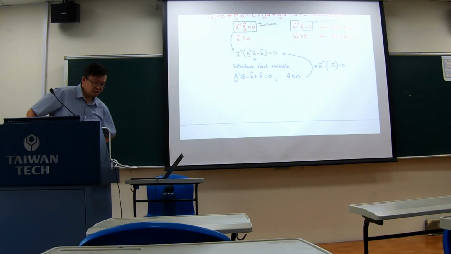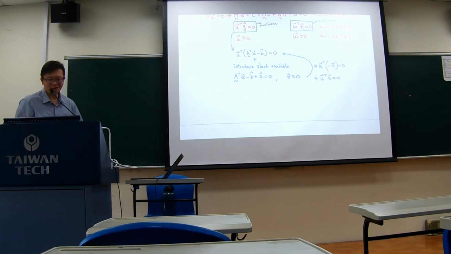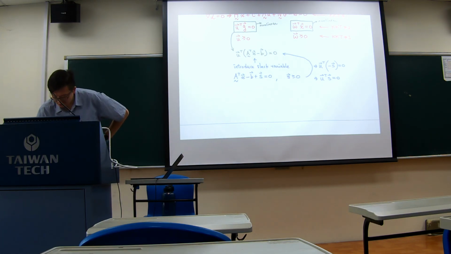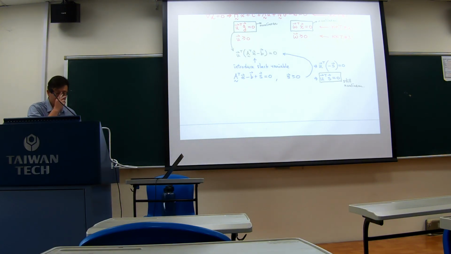So we end up with u^T s equals 0. That's also not linear. Still a problem. So even if we introduce the slack variable, we still end up with u s equals 0.